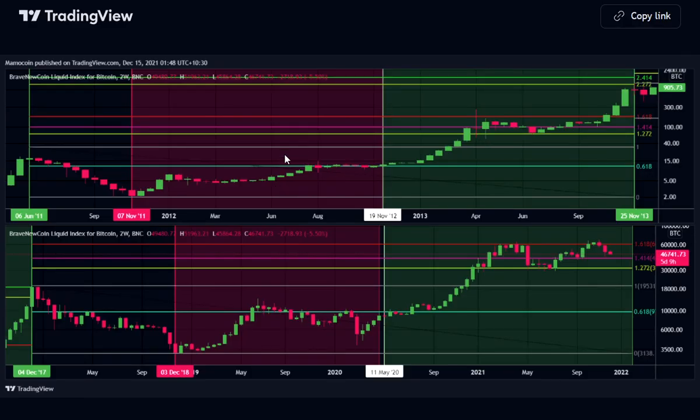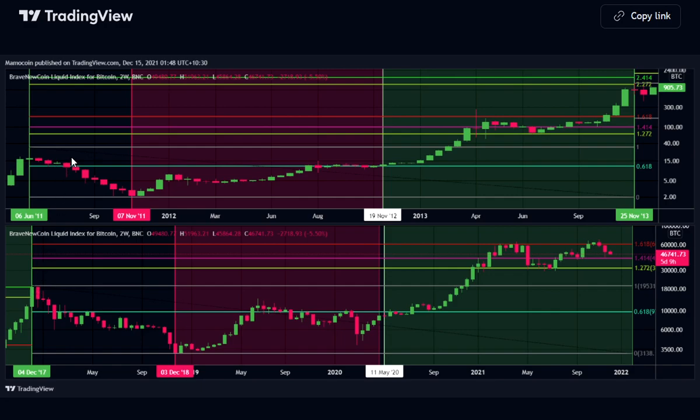And another way to look at it, with more of a time-based comparison: on the top here is the first cycle from the previous bull market peak in 2011, completing one whole cycle to the next peak in 2013. And this is our current cycle from that previous bull market peak at 20k.